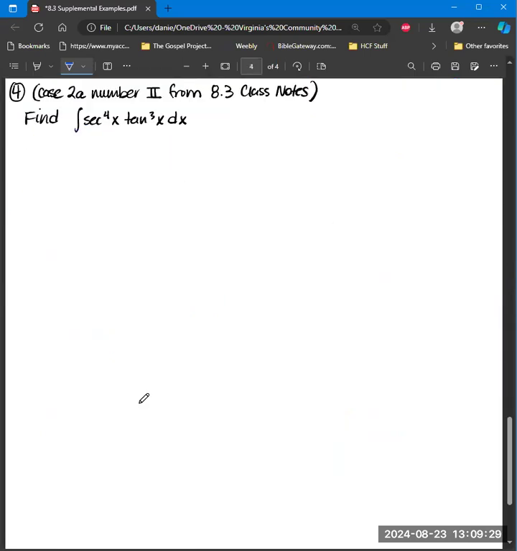Okay. Now for case 2a, Roman numeral 2 from the notes here, power of secant is even and positive.